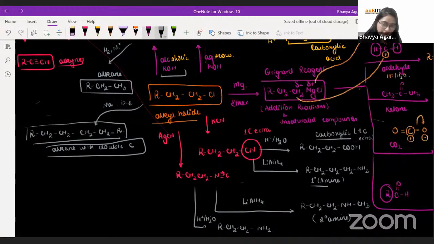I'm getting a primary amine in this case, because this is the bond which is breaking. So I'll get a primary amine, and this carbon gets converted into HCOH. Here, the other part was ammonia.